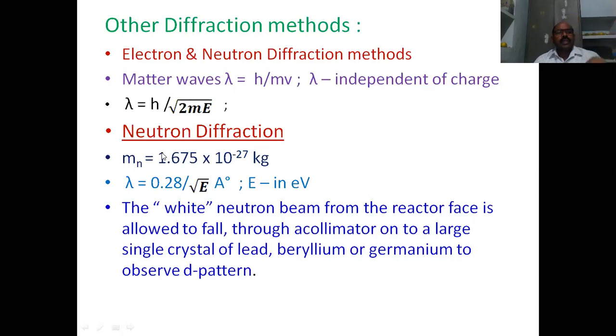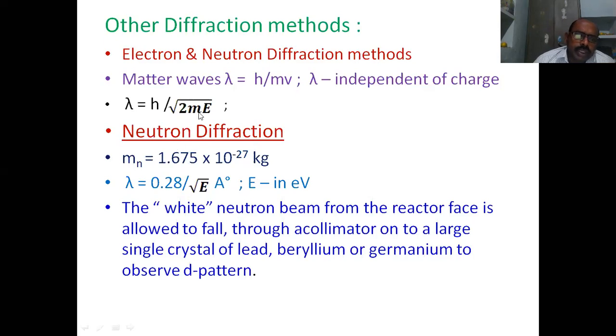We see the neutron diffraction here only. In the next class, we see the electron diffraction. The mass of the neutron is 1.675 into 10 power minus 27 kg.